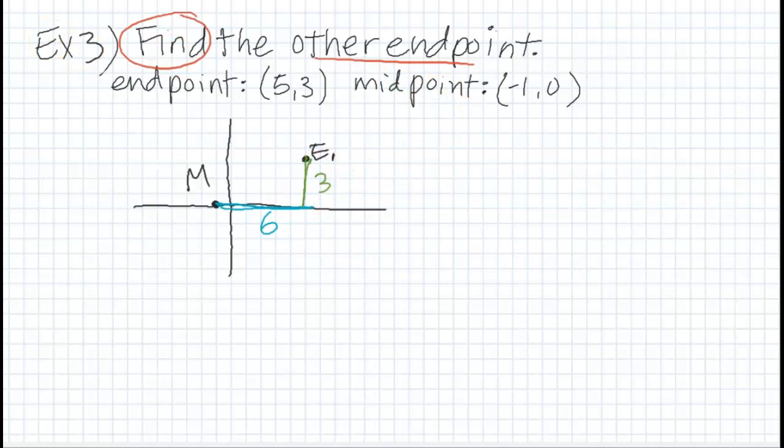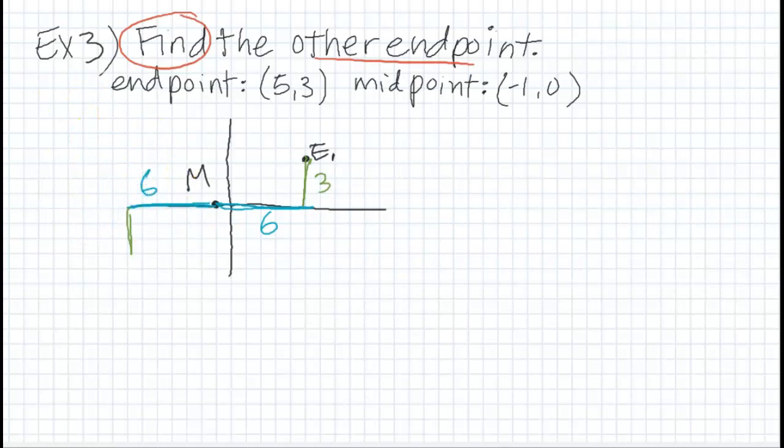To get to my other endpoint, I need it to be the same distance away from M as E1. I'm going to move the same distance. So I'm going to go over 6: 1, 2, 3, 4, 5, 6, all the way to here. And then down 3.